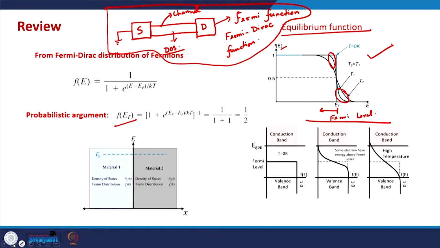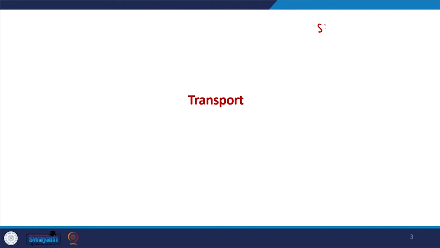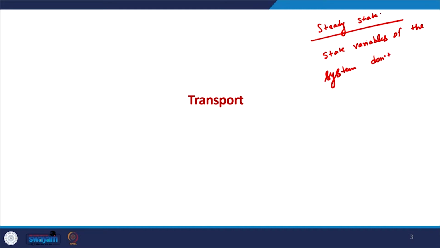And there is a related concept of steady state. In steady state also we can say that the state variables of the system do not change, but there is a flow.